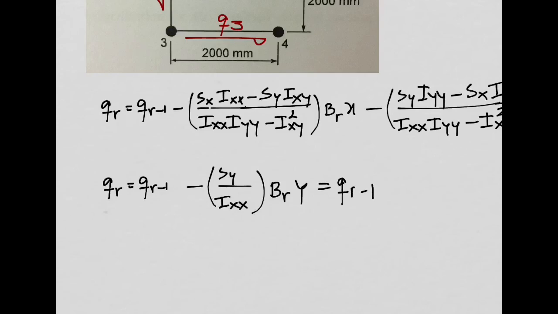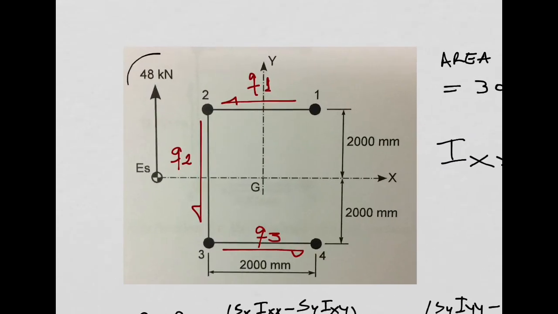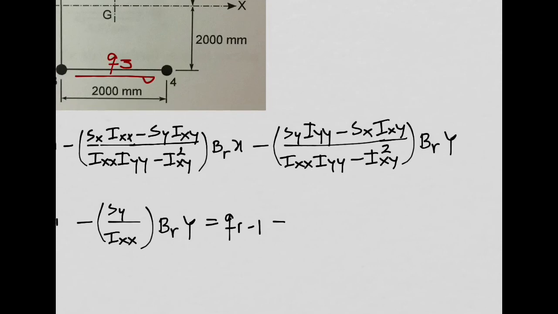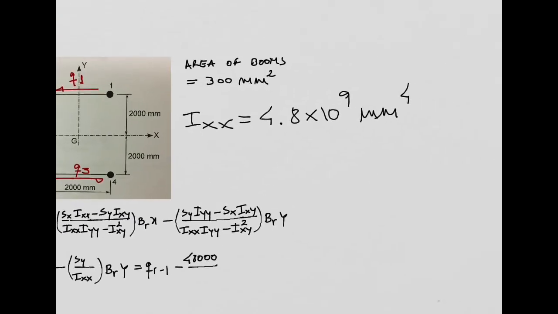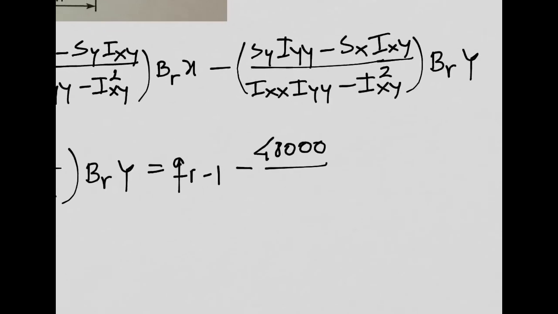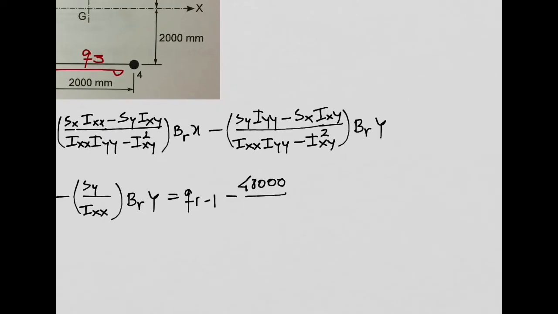QR minus 1 minus, look at this, transverse shear force is 48 kilonewtons. I can convert to newtons, so we'll have 48,000 newtons. The second moment of area we calculated before is 4.8 times 10 power 9. Oh, it's a very nice number. 4.8 times 10 power 9, right?